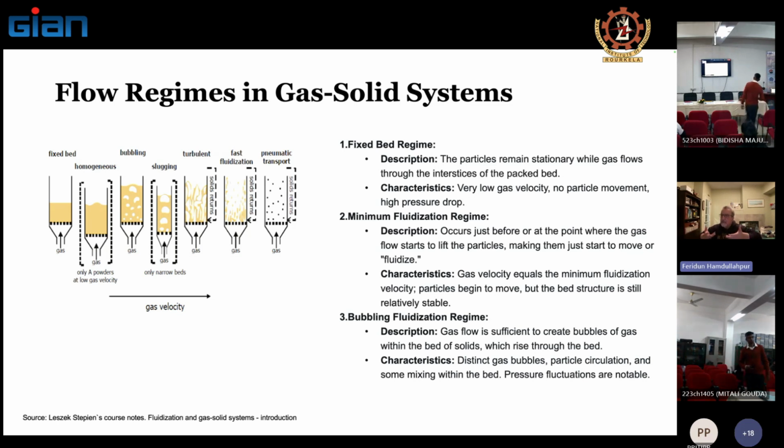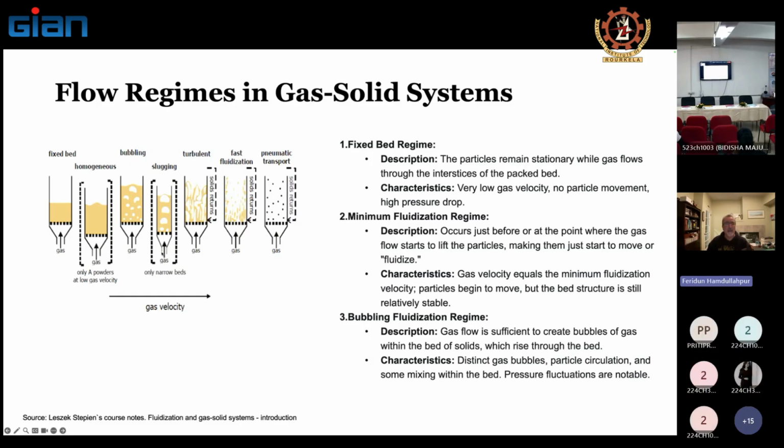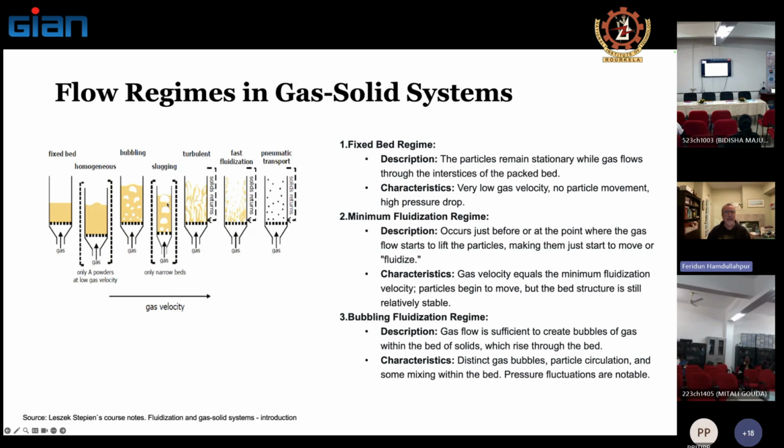The moment it starts expanding, air that is in the excess amount that is required to suspend this starts going through the bed in the form of bubbles. We call this the incipient, the onset of fluidization, bubbling fluidization. If the vessel is too narrow, I will explain it later, bubbles coalesce and they become one, and slugging, this is a behavior we want to avoid.